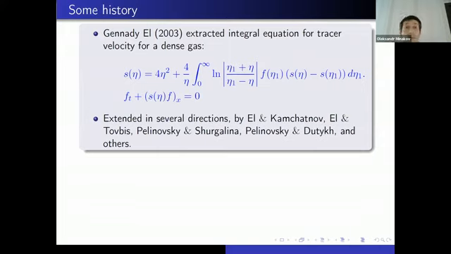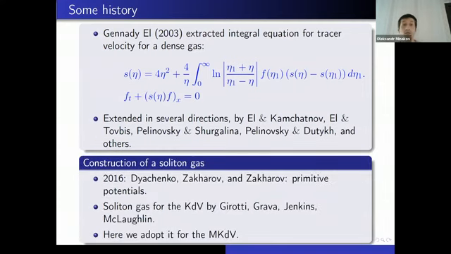Now I will go to the construction of the soliton gas. In 2016, Dyachenko, Zakharov, and Zakharov wrote a paper where they constructed a new type of potentials. They called them primitive potentials.